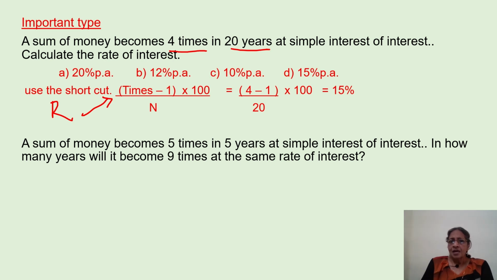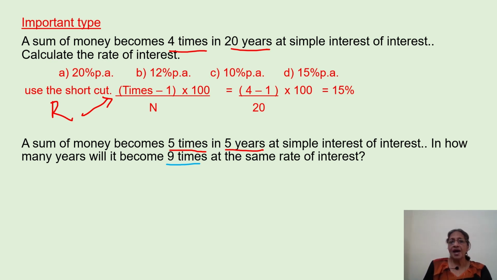Okay. Now let's see a similar sum here. A sum of money becomes 5 times in 5 years at simple interest. In how many years will it become 9 times at the same rate of interest?